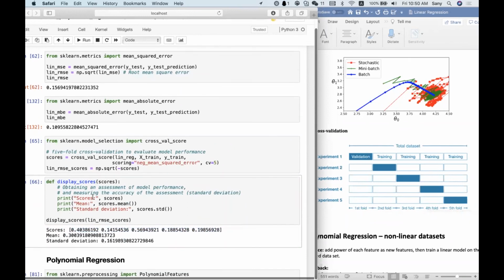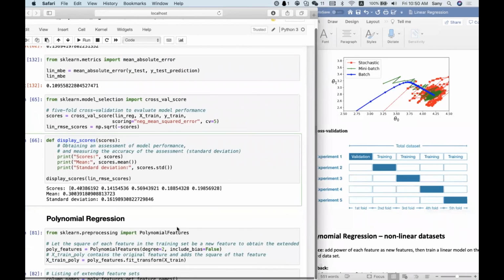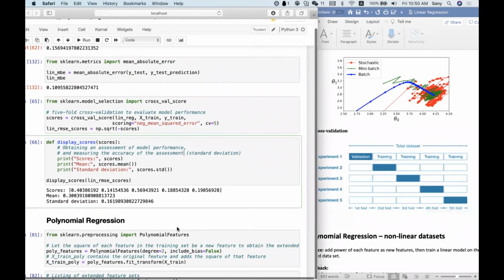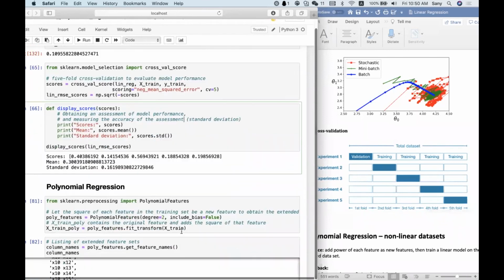It measures the accuracy of the assessment. I would not explain too much on that because it's basic statistical knowledge.